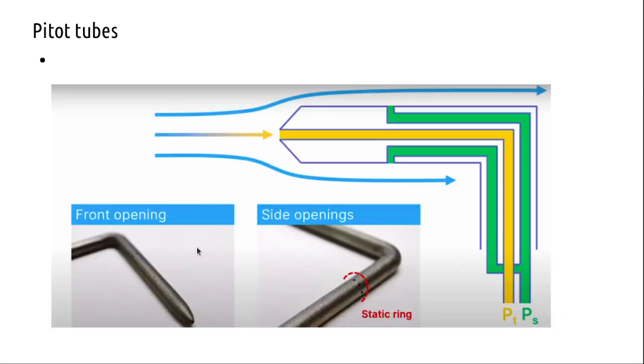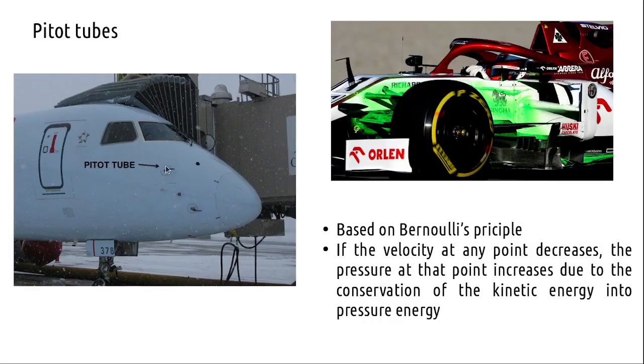A Pitot tube basically is a tube which has two sets of openings. One set is the front opening, and then there is a side opening around these edges. When the air flows in through this, the aircraft is modeled like this.